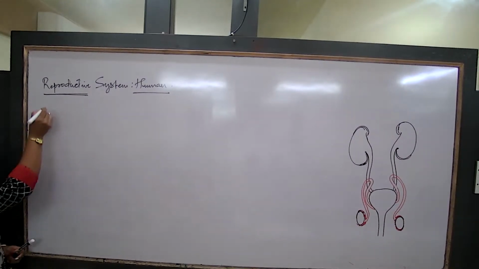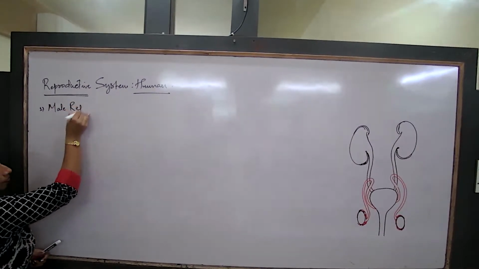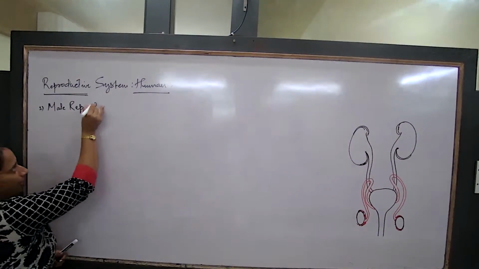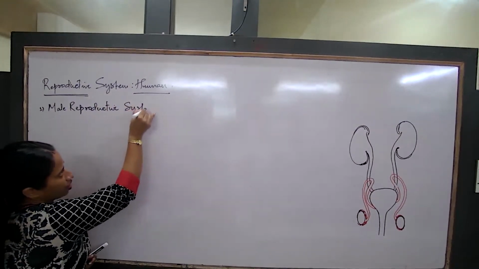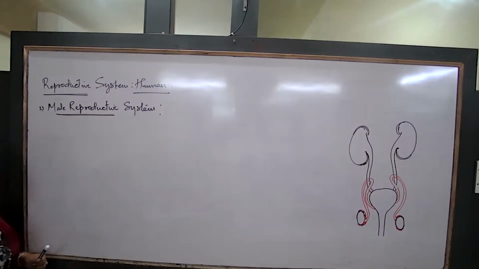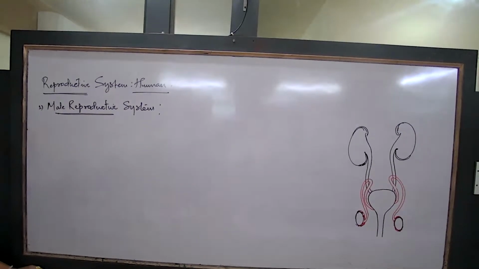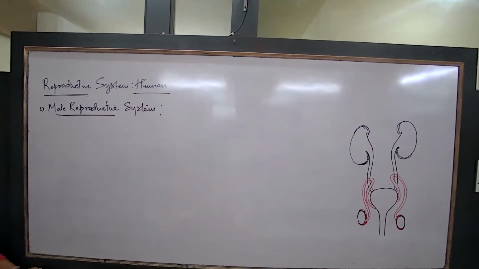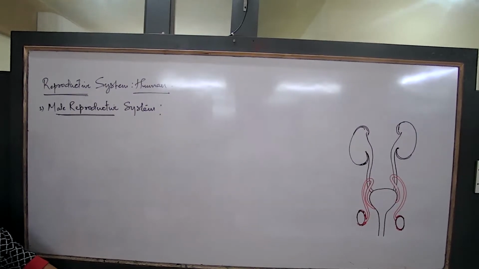Now we start with the male system, the male reproductive system. In case of the male reproductive system, what are the parts and the functions? So many features we have to understand. The male system generally does not come for drawing. That's a difficult diagram, but that is there in the syllabus, diagram drawing.